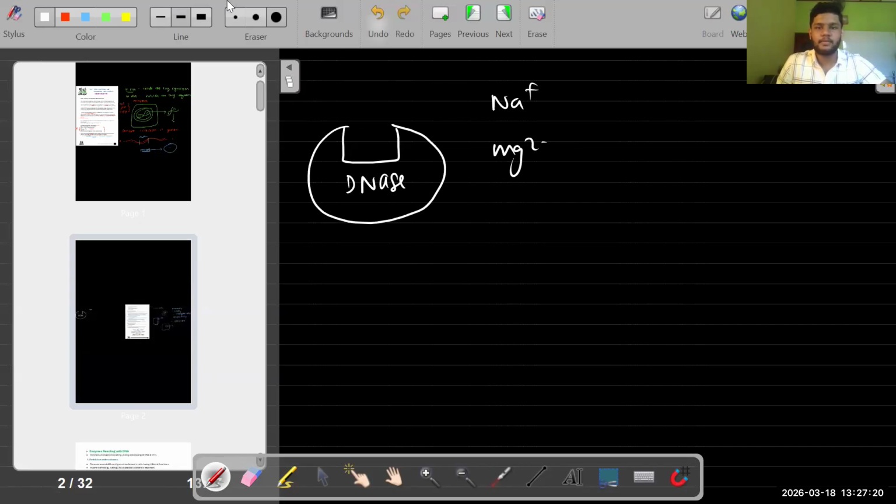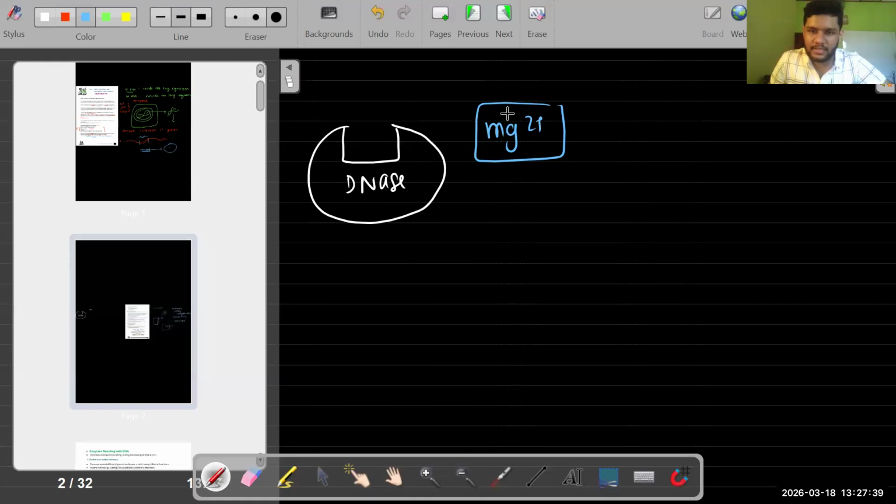Now I'm taking magnesium, for example. They are saying metal ions, and magnesium is a metal. I hope you have studied this under inorganic chemistry. Now, magnesium is a type of substrate that comes and binds to this DNA. Is it clear?